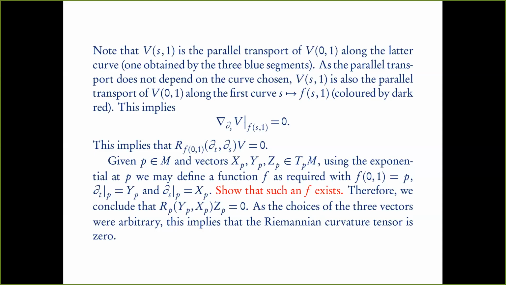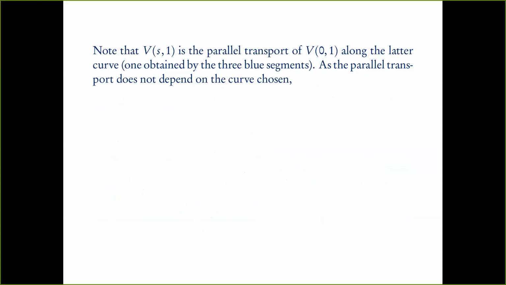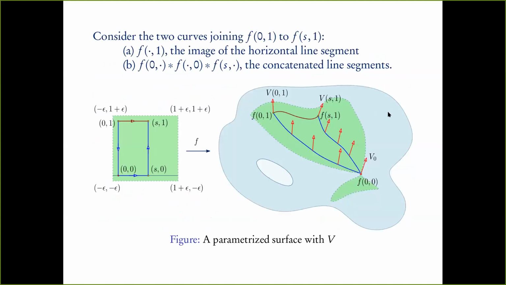So here I'm saying, if you go back one more slide and look at this V, it is defined by starting with V0 and then parallel transporting along these vertical blue lines, because all of this x-axis goes to a point. You take their images, and that determines these V(s,t).